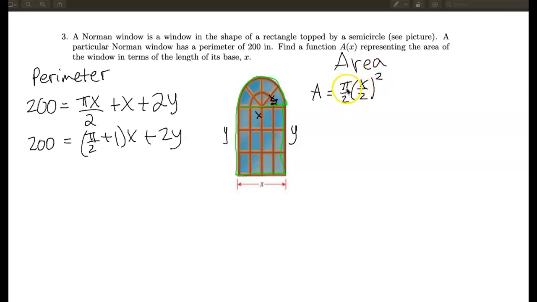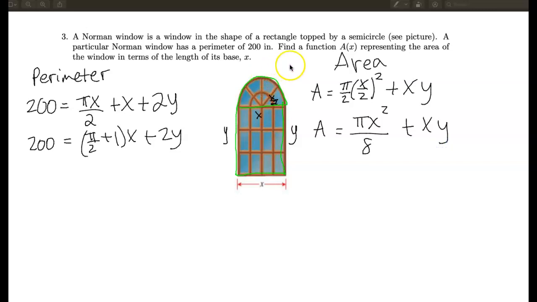So that's half the area of a circle with a radius of x over 2, and then plus the area of a rectangle, which is going to be x times y. This will simplify to pi x squared over 8, plus xy.